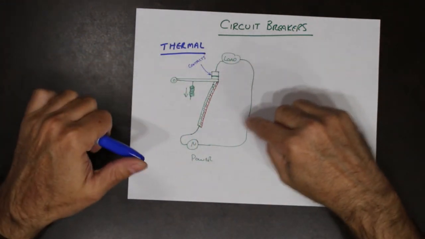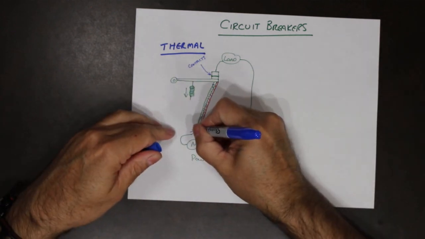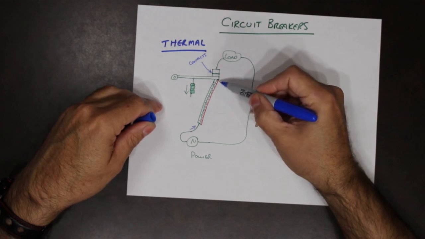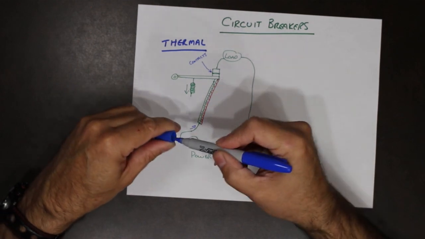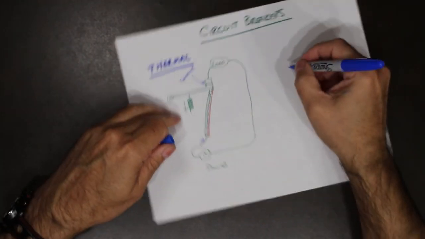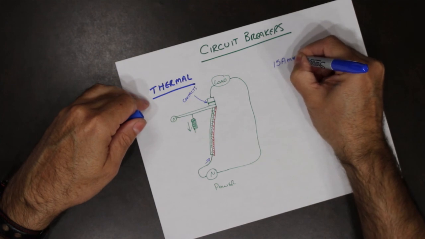So as current increases, it will cause the metal to heat up at a predetermined value. Let's say this is a 15 amp breaker.